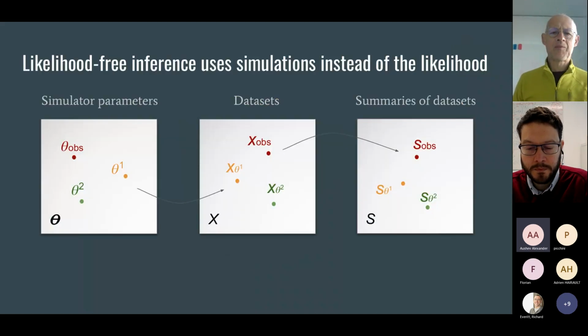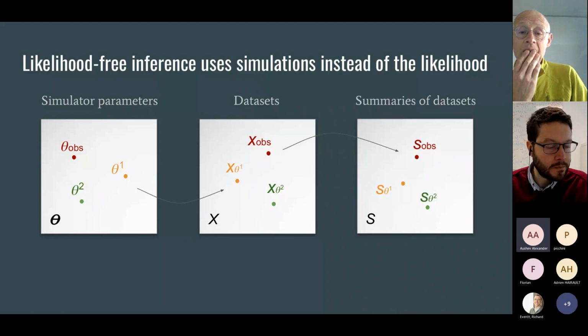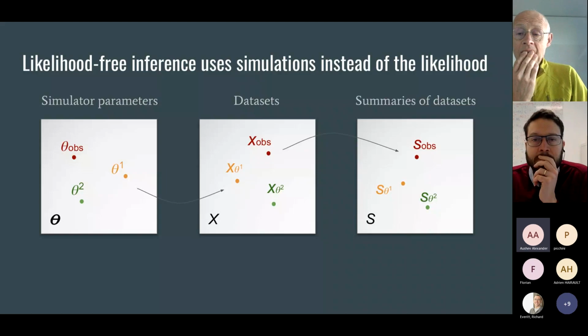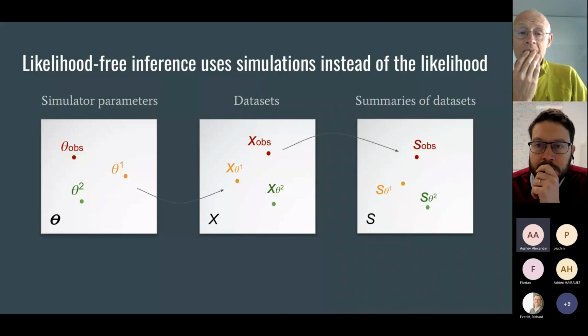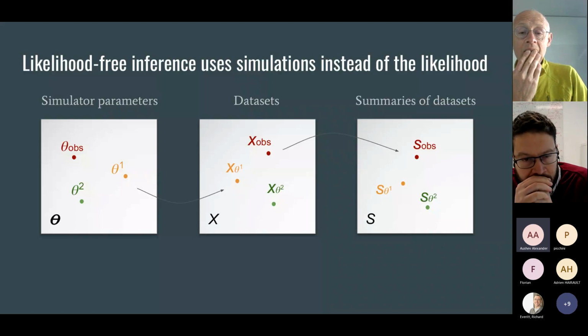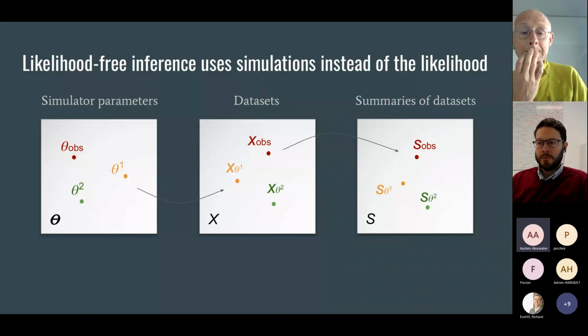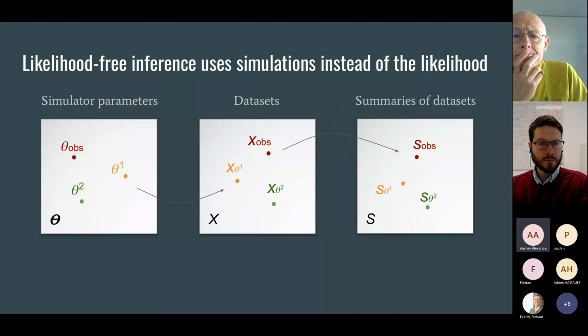So, just a quick recap of likelihood-free inference. I'm mainly using this slide to introduce the notation. I'm sure everyone knows the premise. We have simulated parameters, we generate data sets with some simulator, and we summarize these data sets.